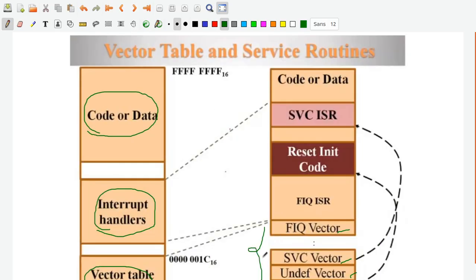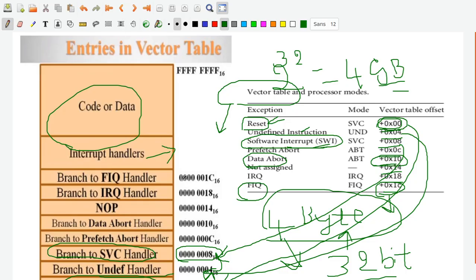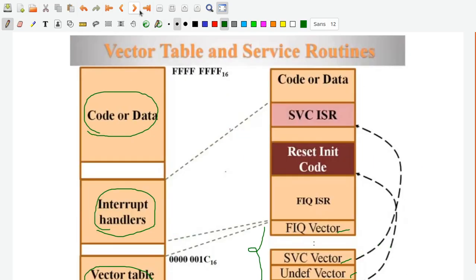Whatever I am writing here is the same as this one. Fine. Next, what you have is FIQ ISR, reset code, SVC ISR, and this is the interrupt handler. Interrupt handler means, as I said earlier, it is the same as the exception handler. Don't get confused. This is also an exception handler. Interrupt handler and exception handler are one and the same here.